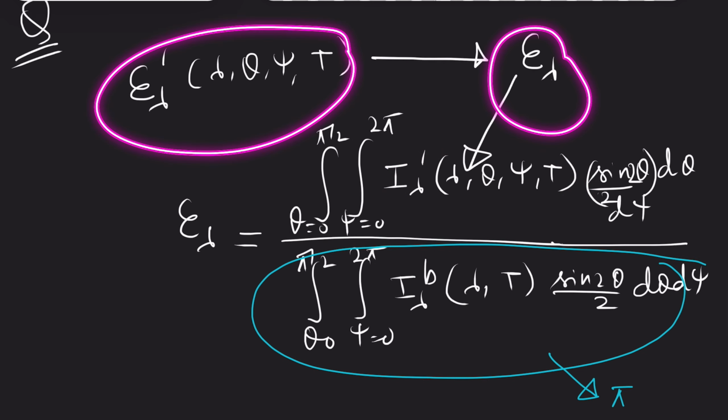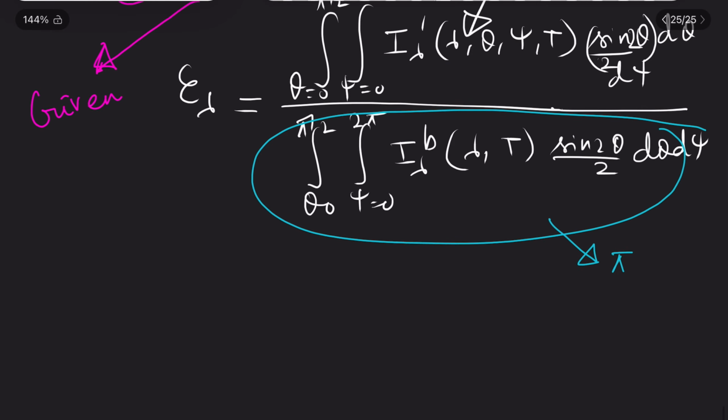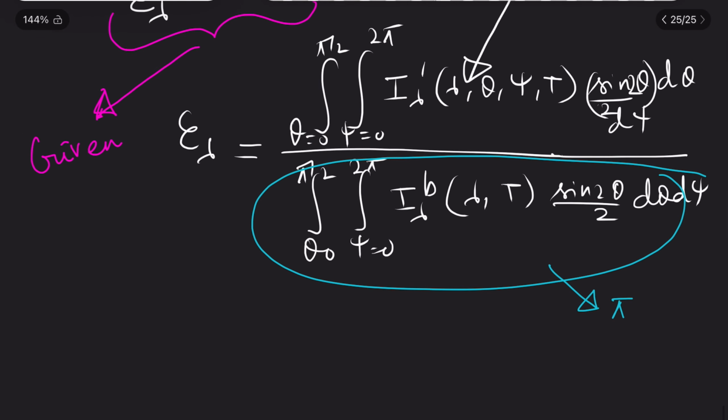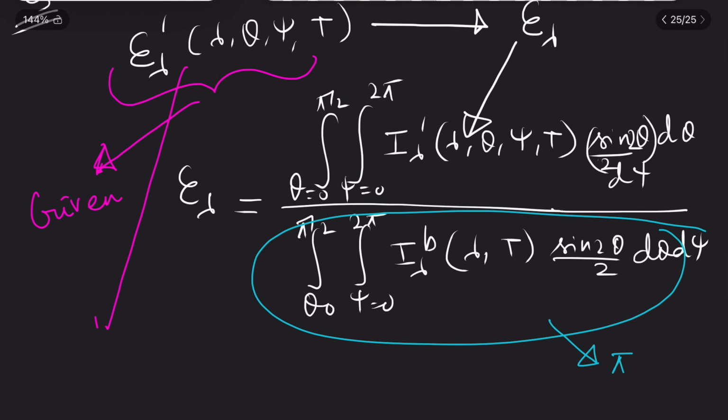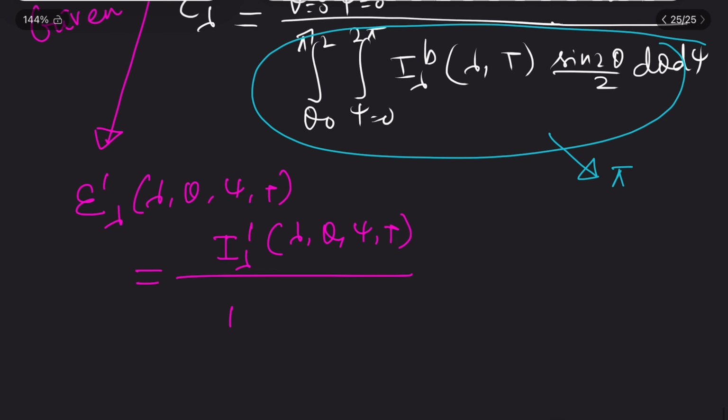But now you can argue with me that I don't know this, then how can I find this thing? But you know this, this is what is given, right? So now you see, what is the definition of this? The definition is this thing, I lambda dash, lambda, theta, psi, T, and IB lambda.